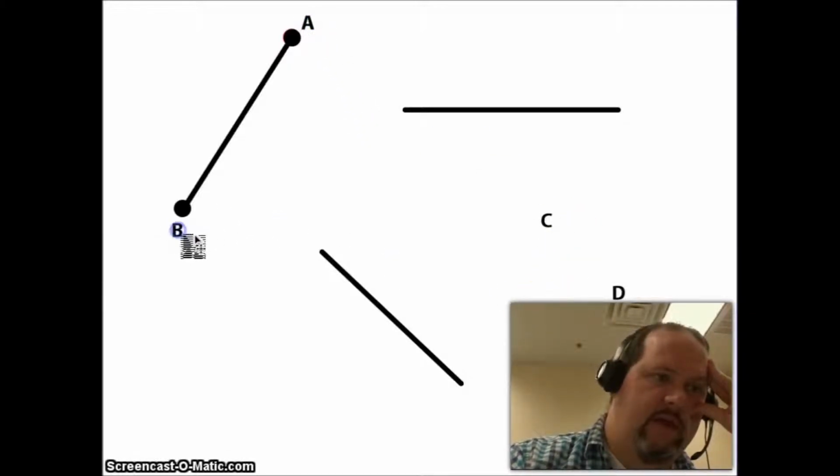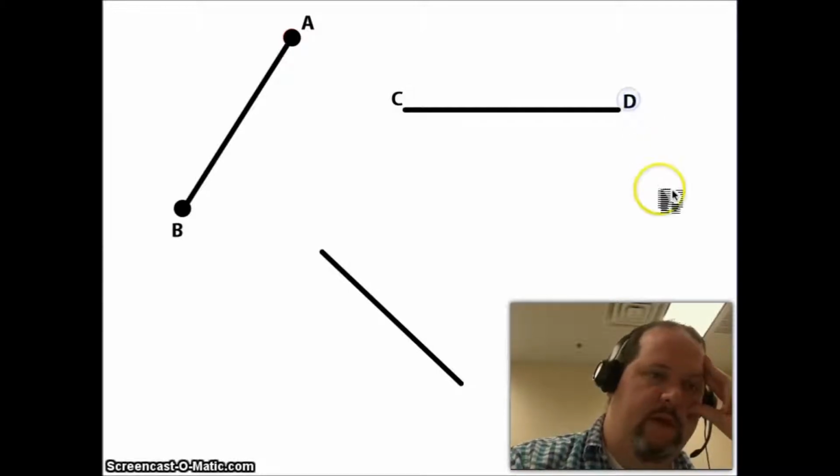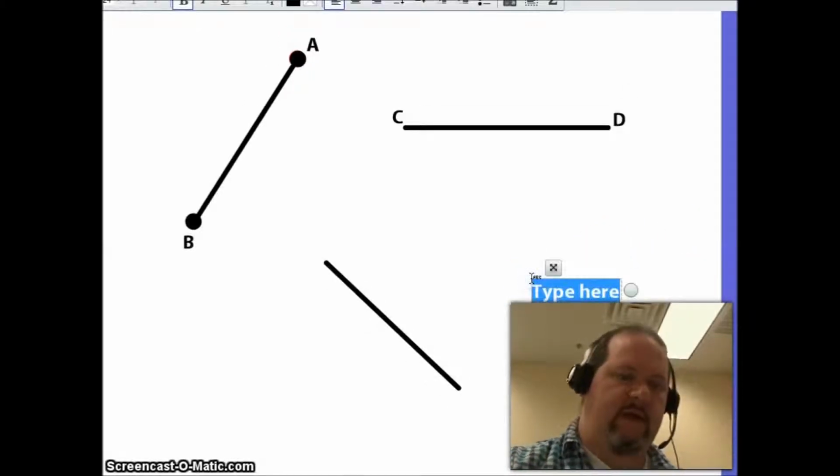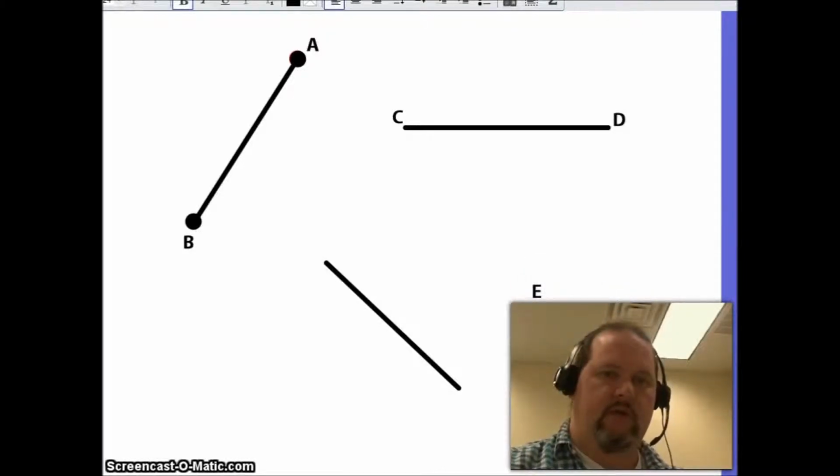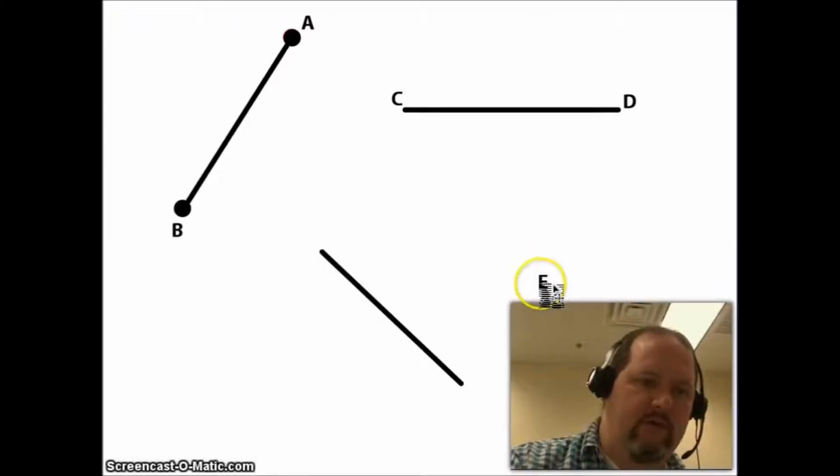So let's say that's segment AB, and this could be segment CD. Notice they have to have two capital letters to mark their endpoints. Two capital letters. Can't be lowercase.